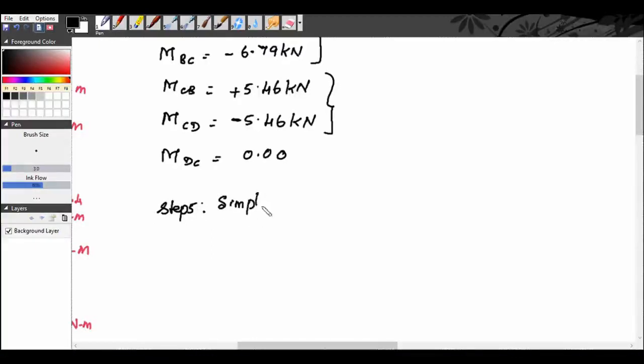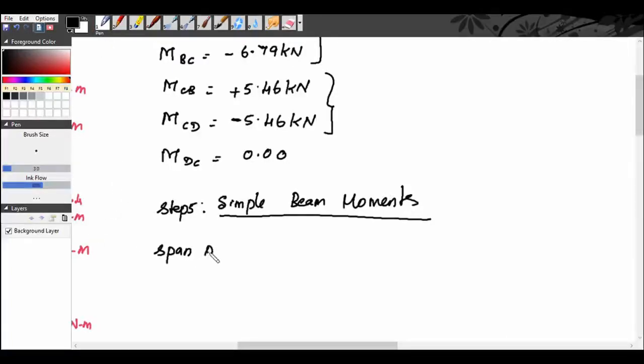We will find the simple beam moments in order to draw our bending moment diagram. First we will consider the span AB. It has a UDL of 2 kilonewton per meter and the span length is 6 meter.